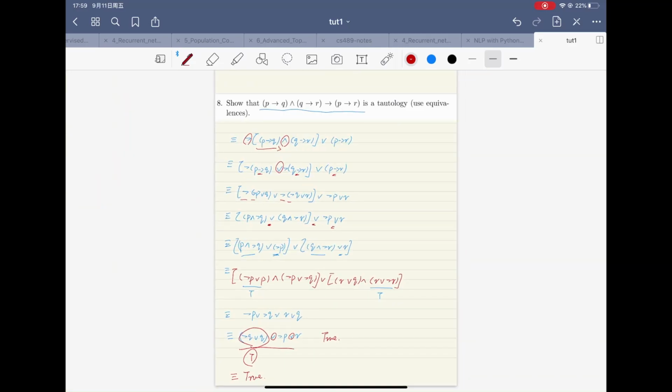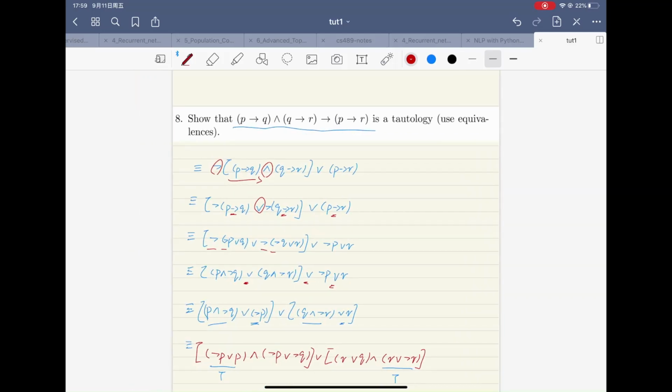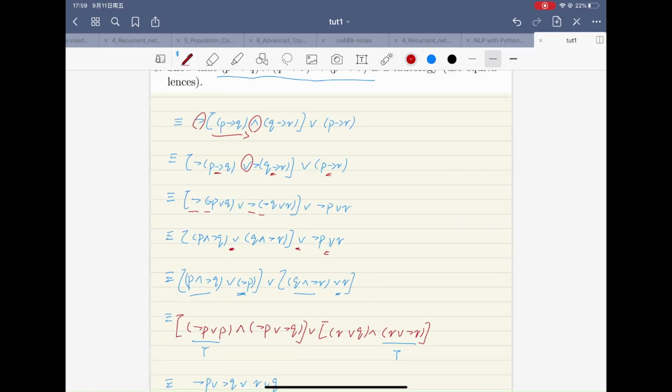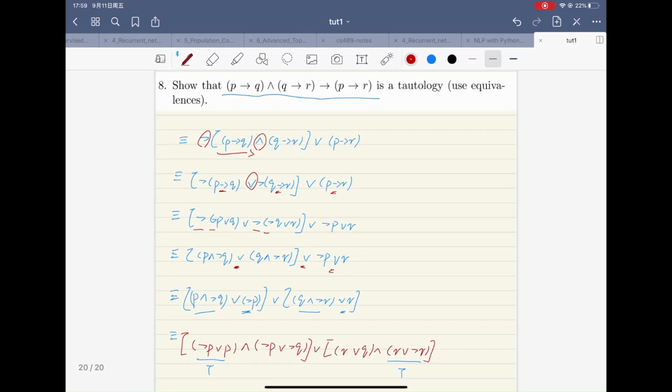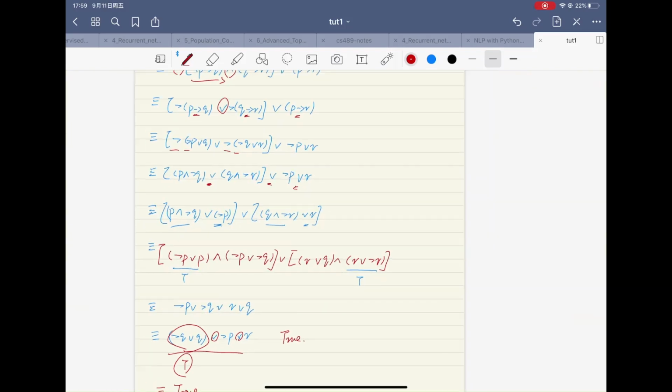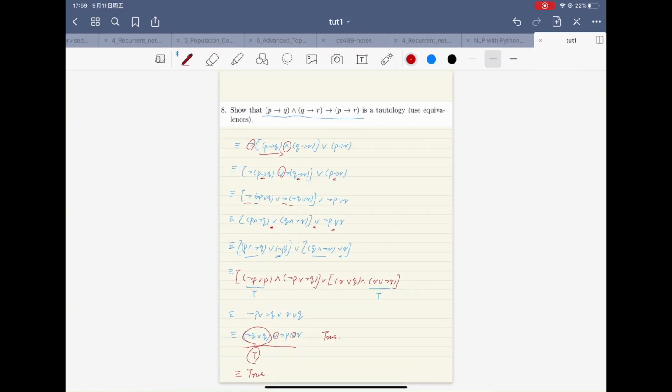Then we finish the proof. We have shown the statement is a tautology, because whatever P and Q are, the final output will be true. So this statement is a tautology.